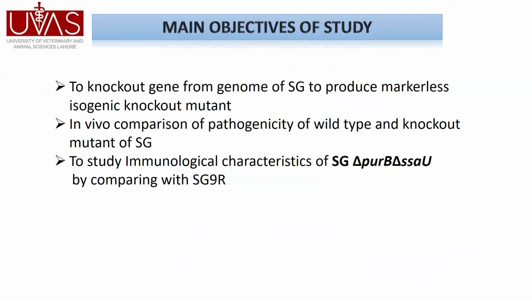In the first study, then we'll move to the second one. We plan to knock out two important genes from Salmonella to make it a double mutant, and then we try to study its pathogenicity, whether after deleting those genes the bacteria was capable of producing any disease or not. If it is not, it's safe, it can be used as a vaccine.